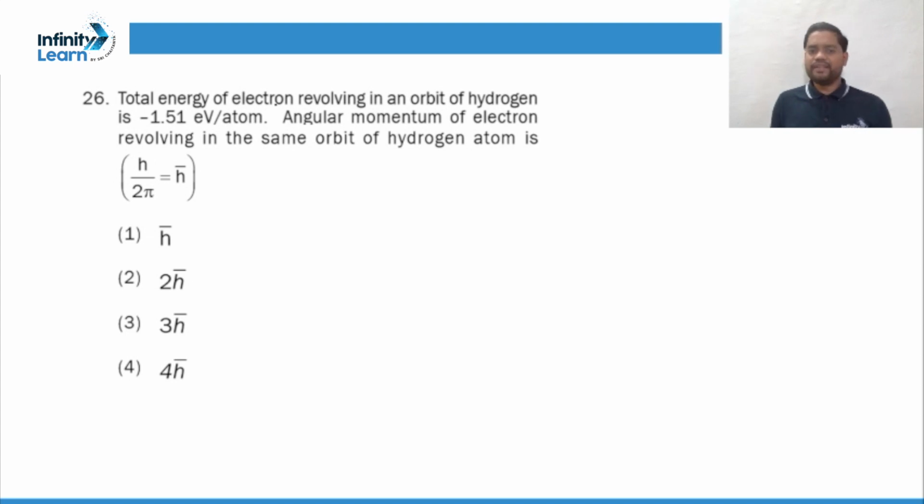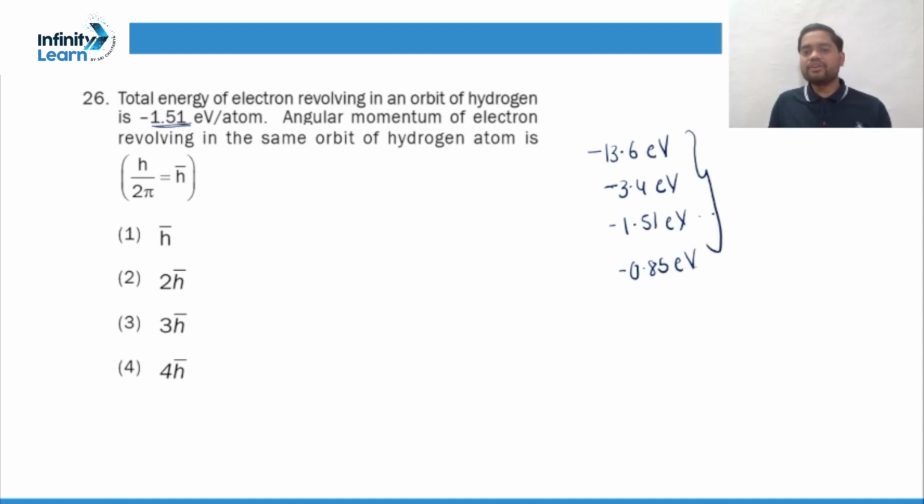The total energy of electron revolving in an orbit of hydrogen is this. If you remember, I have just said to remember, the first orbit energy is minus 13.6 electron volt, the second orbit is minus 3.4 electron volt, the third one is minus 1.5 electron volt, minus 0.85, and I said you to remember all these values.